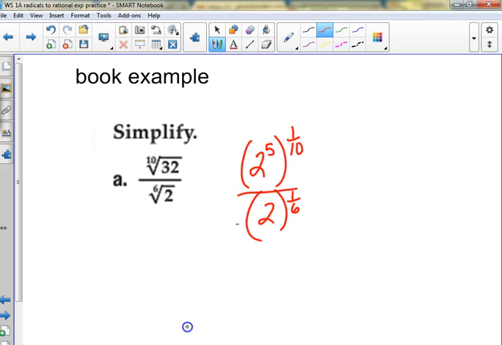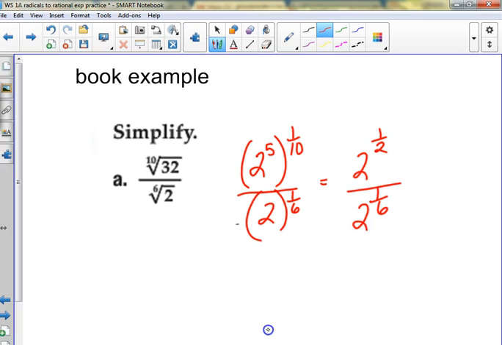Now what do you want to do? What does the top become? What do you do with those? 5 times 1/10 is... Yeah, 5/10 or 1 half. Does that simplify?